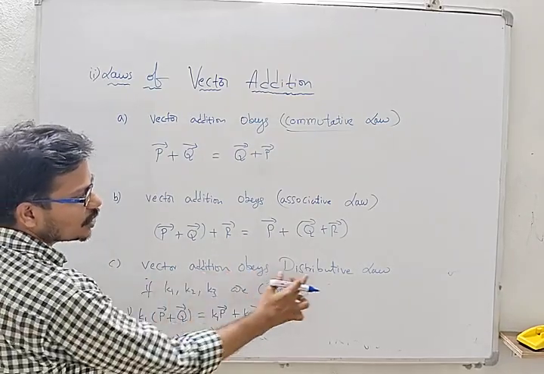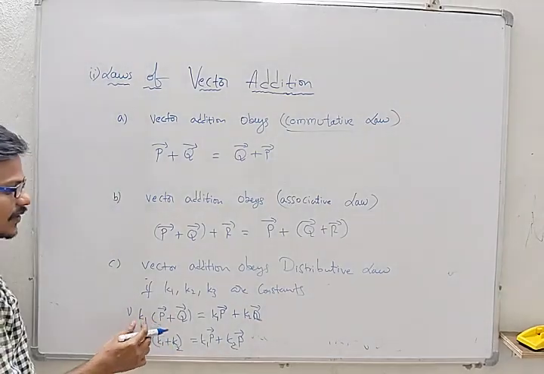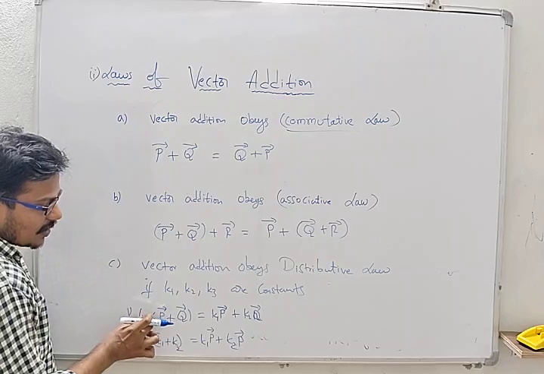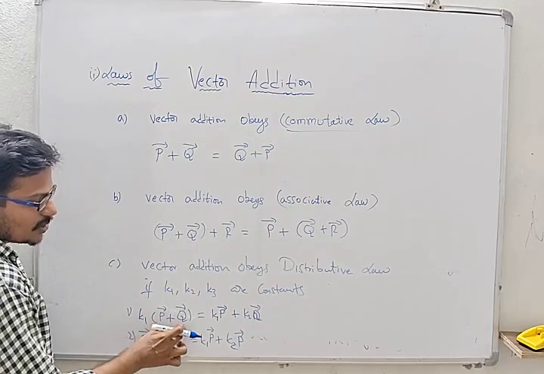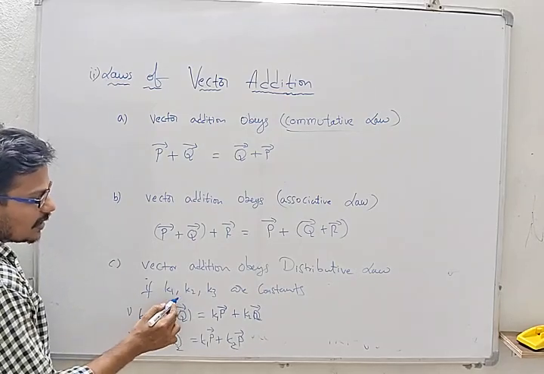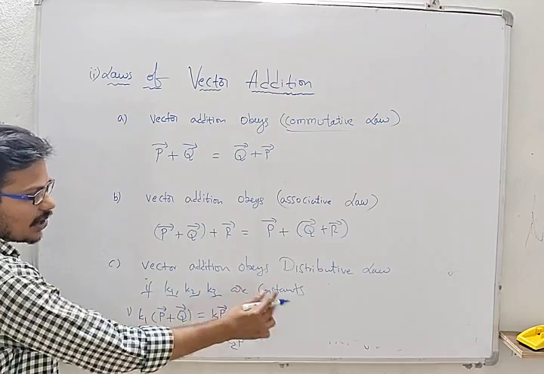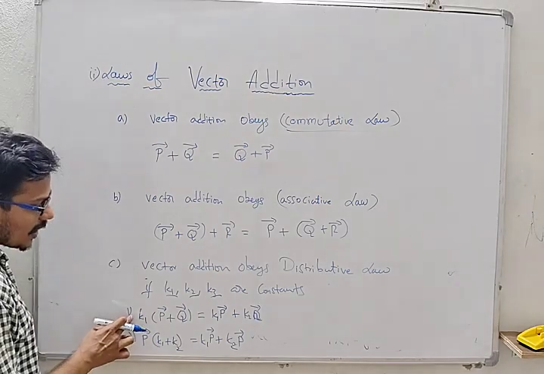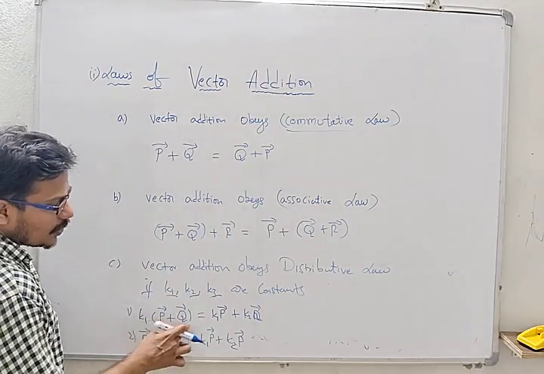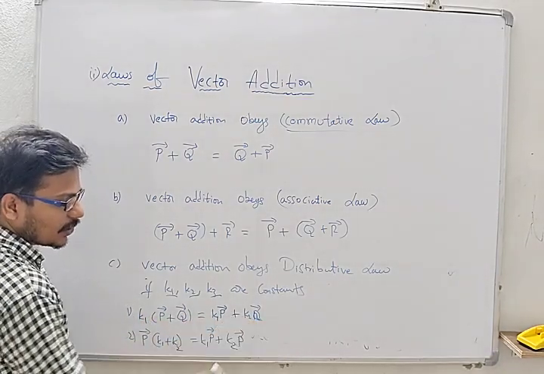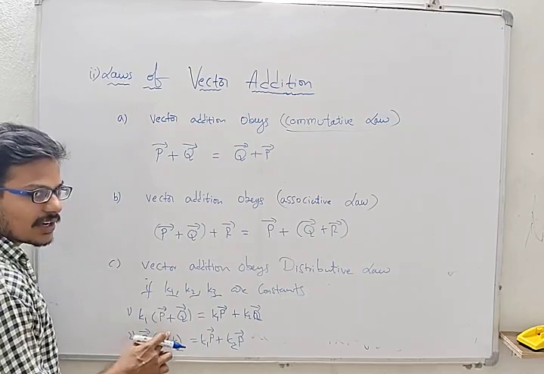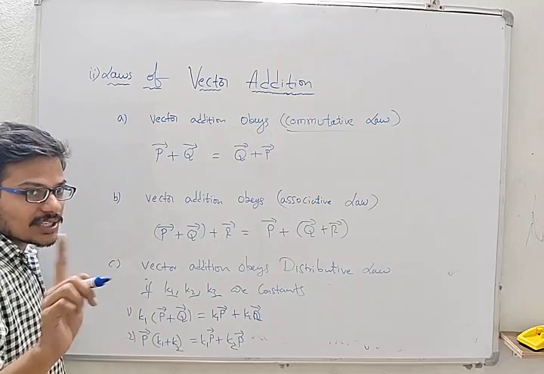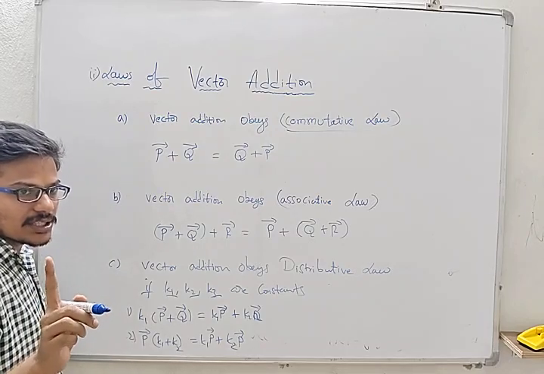Vector addition obeys the distributive law. Distributive law means multiplying with any scalar. See here: K1 into P plus Q, two vectors. K1, K2, K3 are constants, some numbers. So K1 into P plus Q is K1P plus K1Q. Multiplying a vector with a scalar may change its magnitude, but the direction cannot be changed.